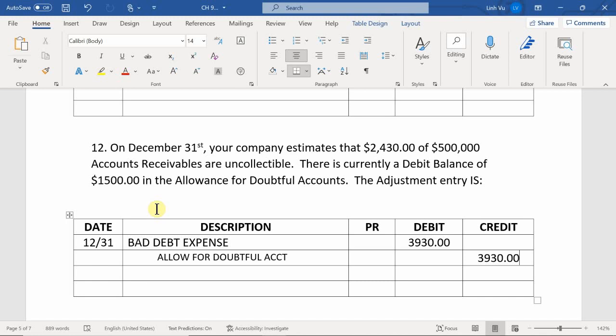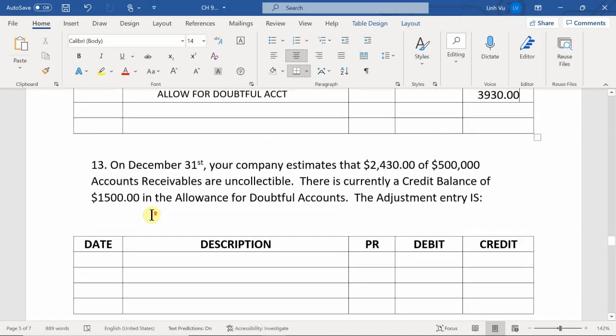But customer A isn't my only customer that could default on their payment. So the estimated amount, this bad debt, is based on how much you think the company will not receive. It's just a rough estimate.